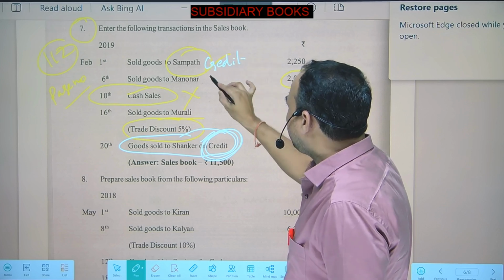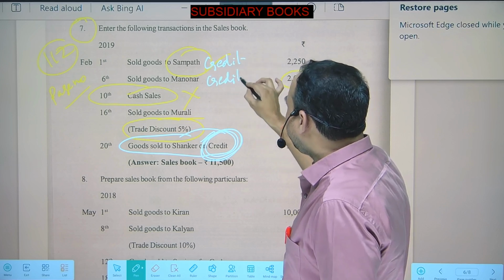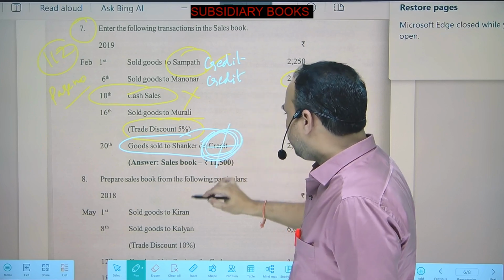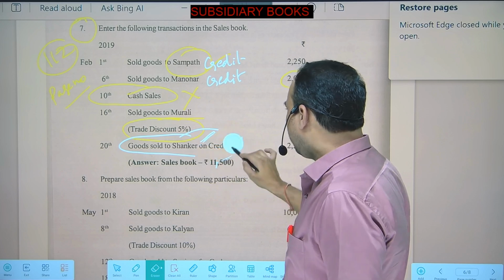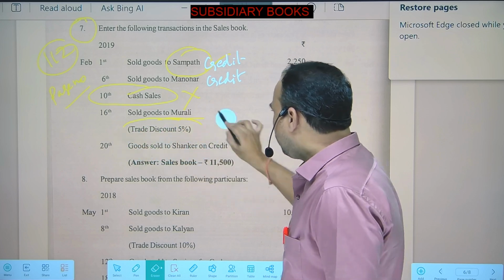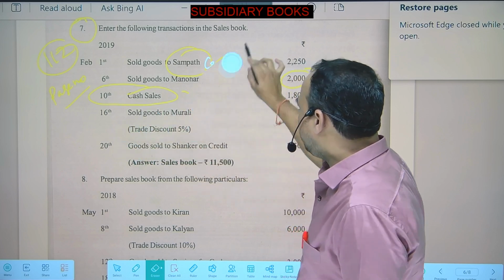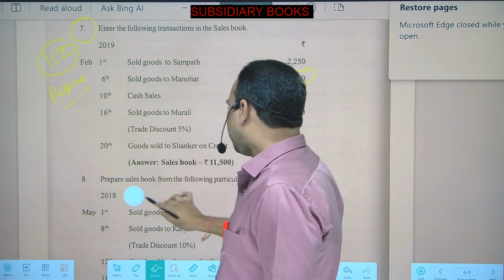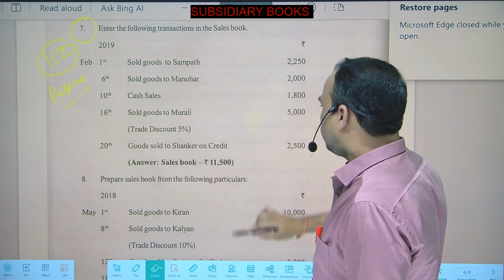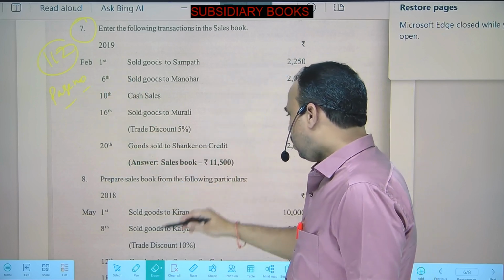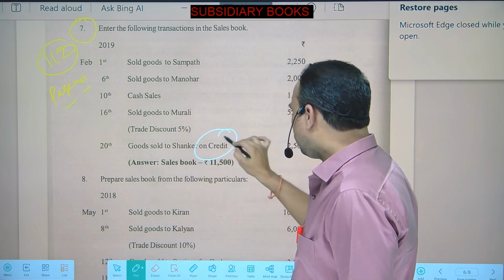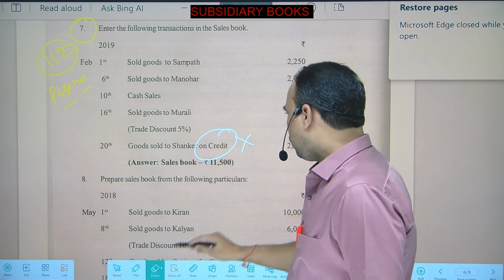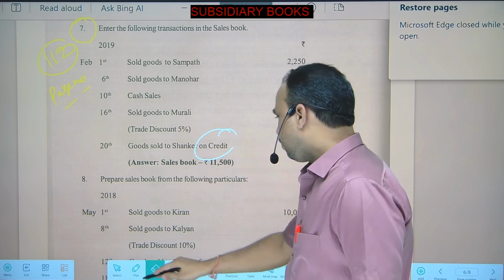Okay, even though credit is not given, you have to write it here. So this is very very important, beta, keep it in your mind. Here on credit is given, so no need to get confused, you have to write it.